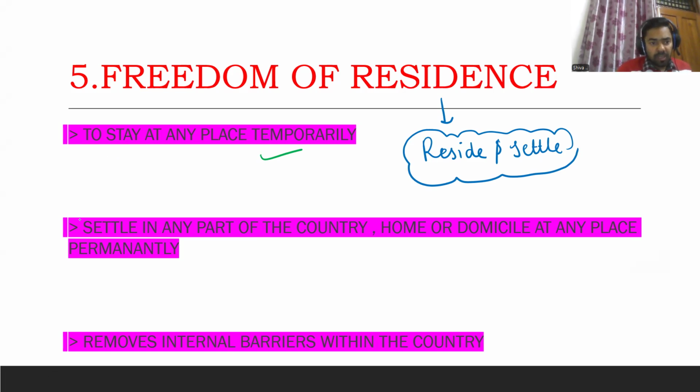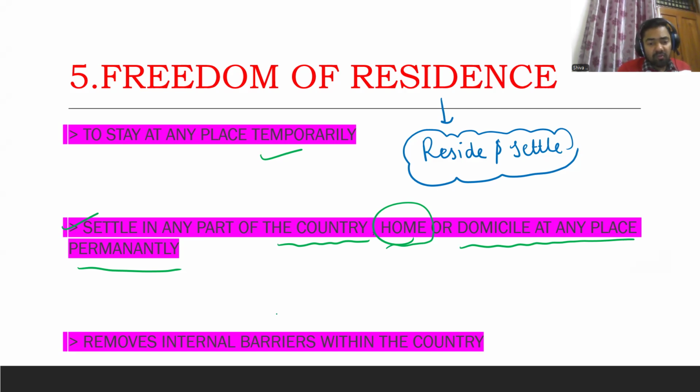And suppose you want to get settled down, so you can settle in any part of the country. You can make a home there, or you should have a domicile at a particular place for living permanently. If you are living there permanently, that is fine. You are the domicile of there. You can apply for various vacancies in government institutions just by having the domicile certificate.